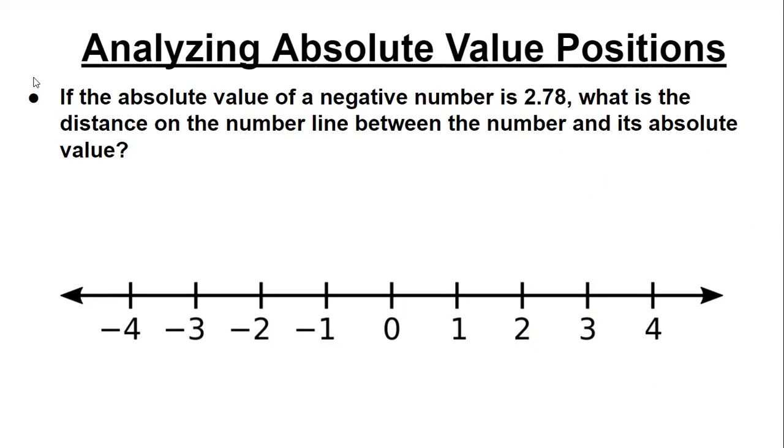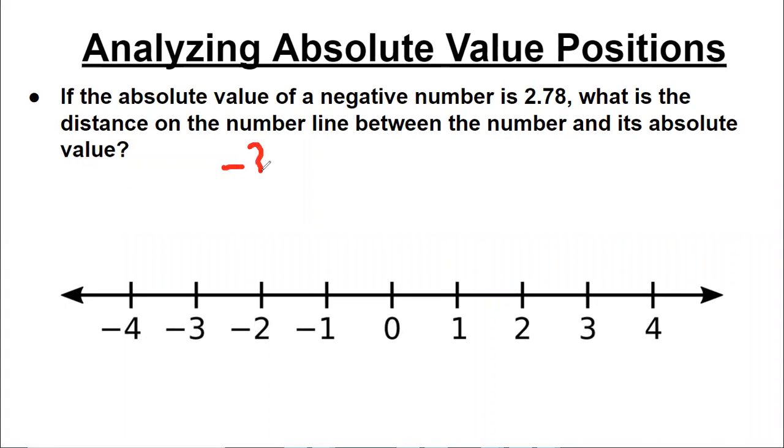If the absolute value of a negative number, some negative number here, negative question mark, is equal to 2.78, what does that mean the number inside the parentheses has to be? It already told us it was negative, so it has to be negative 2.78, the question mark, right? In order to get 2.78 as an answer, it has to be negative 2.78.